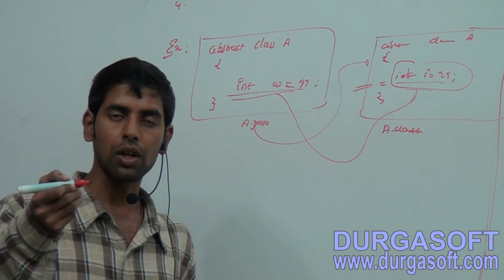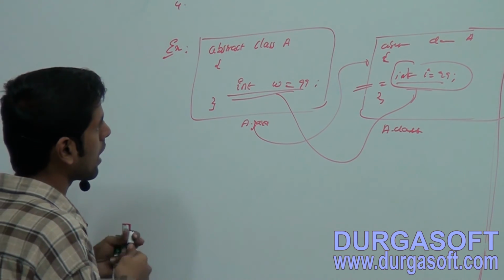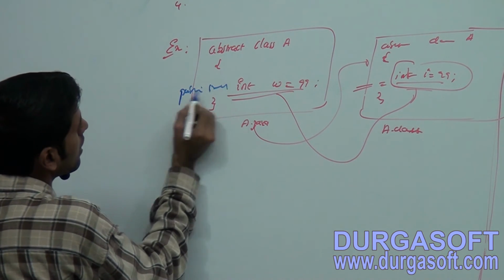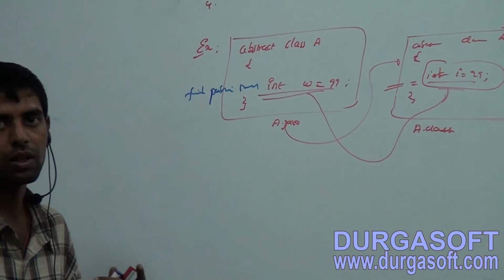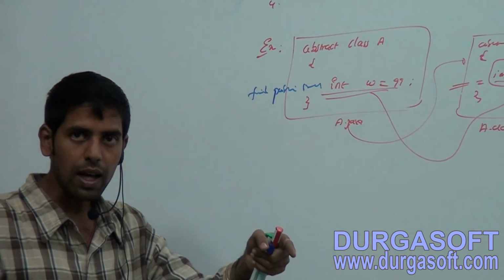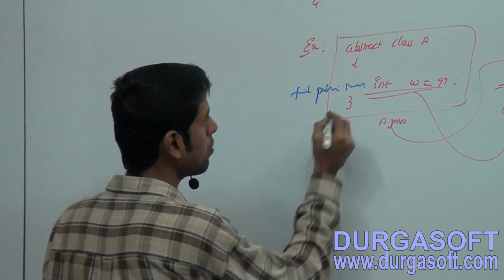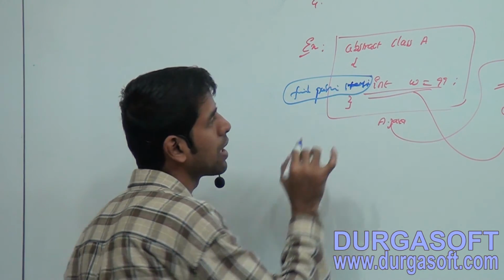If you want, you can customize. If I want, I can write public static final. It's my wish. If my requirement demands, I can go for that, no issues. So this is not by default.